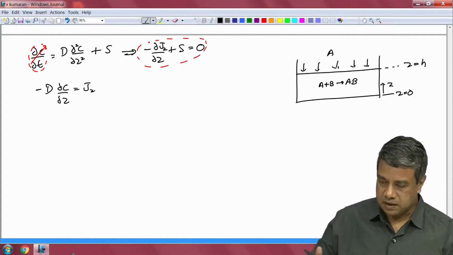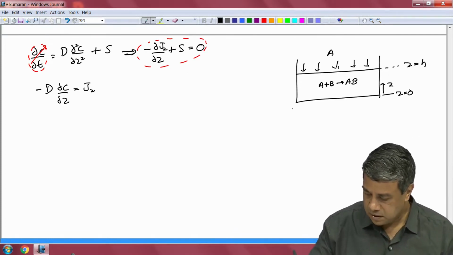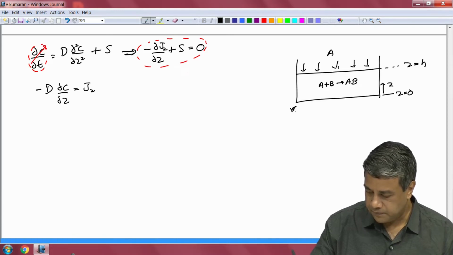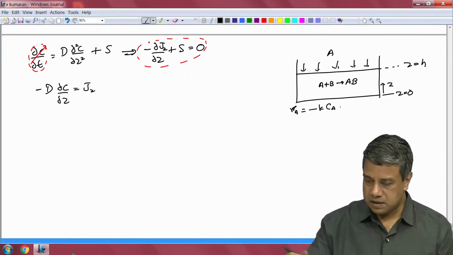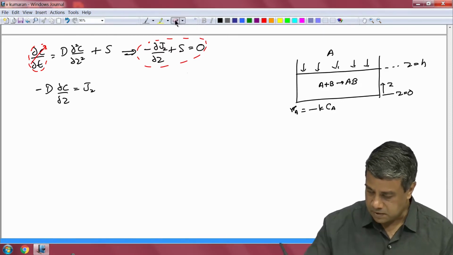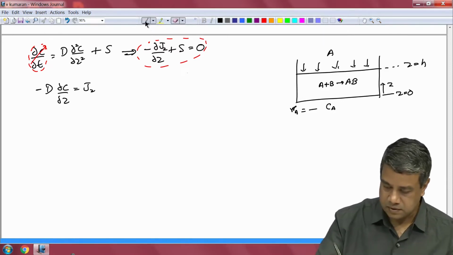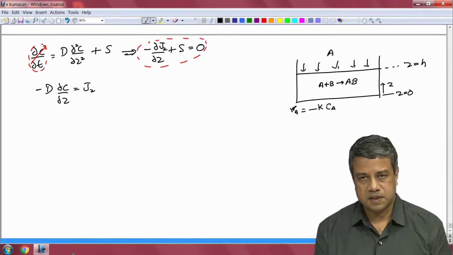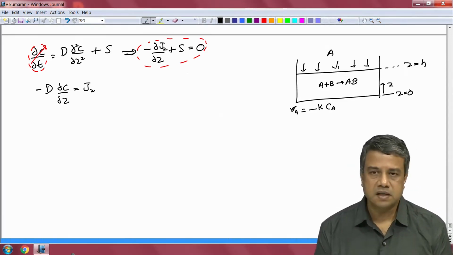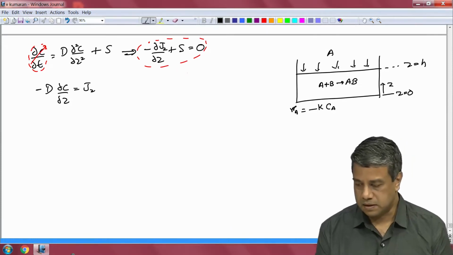So, therefore, the rate of reaction, the rate of consumption of A, is equal to minus K times Ca, where K is the reaction rate constant. So, let me use a capital K, so that it is not confused with the conductivity. K times Ca, where Ca is the concentration, mass per unit volume.